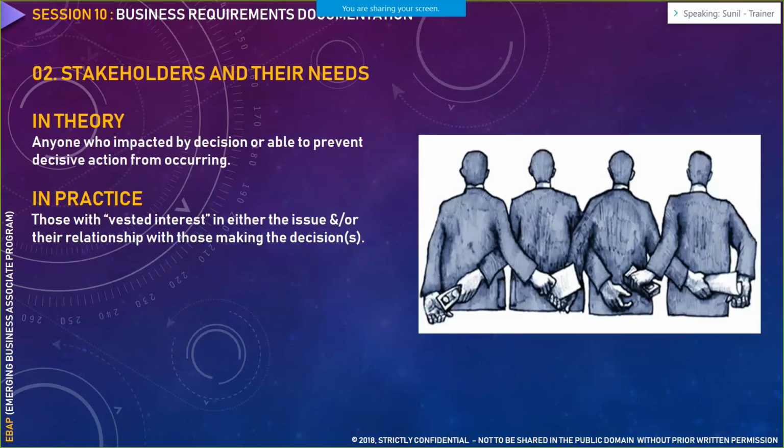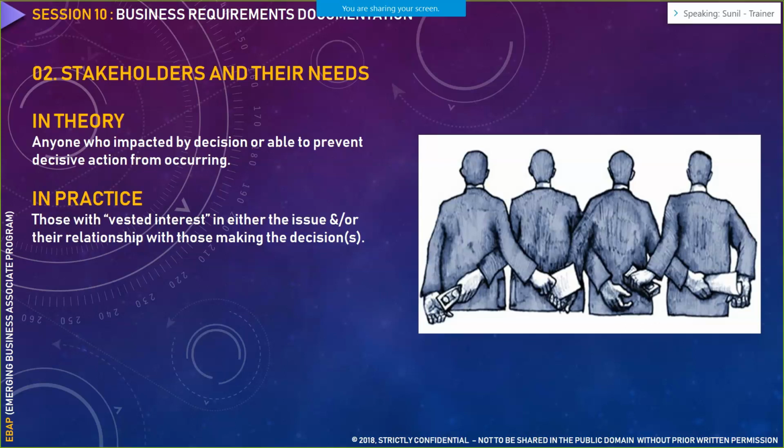In the next section, we are going to describe who are the stakeholders associated with this particular project and what are their needs. There are two aspects by which you see your stakeholder when you are working as a business analyst in a particular project. The first aspect is your theoretical aspect, wherein a stakeholder is anyone who is impacted by a decision or able to prevent decisive action from occurring.